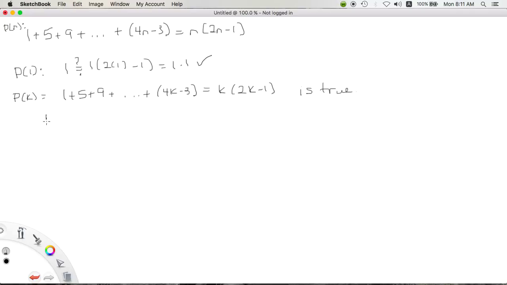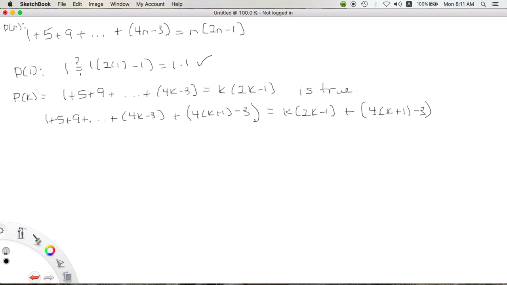So what we do, remember, is we just add the next term. And remember, we're adding the same thing to both sides, so that still gives us an equivalent statement.